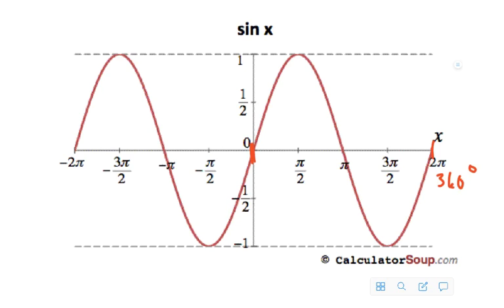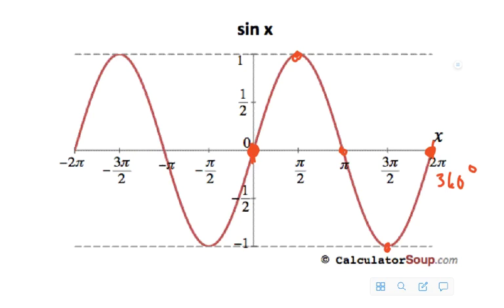So one period starts at 0, and then it goes up to 1, back to 0, but then down to -1, and then back to 0, and then the pattern repeats itself. So we said that the period of the sine graph is 2 pi, or 360 degrees.